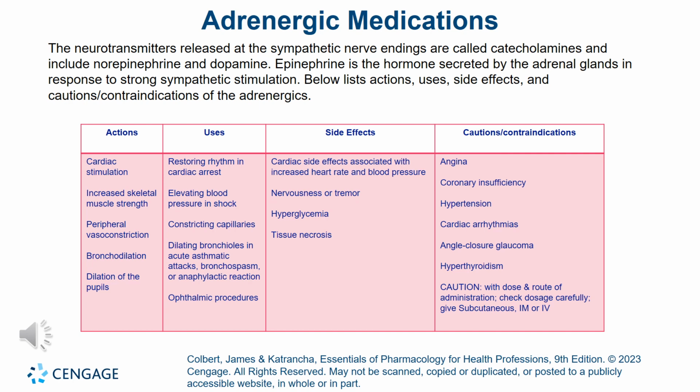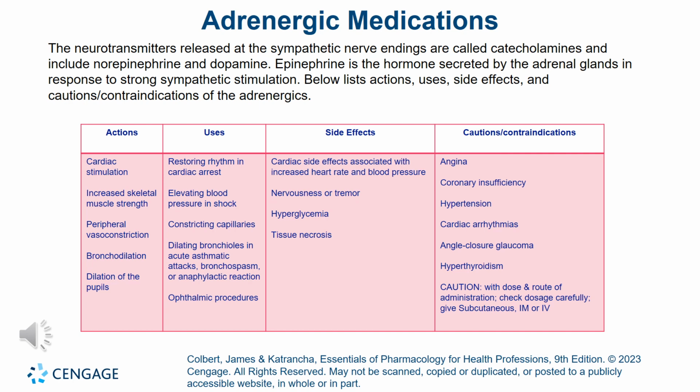Cardiac side effects associated with increased heart rate and blood pressure, nervousness or tremor, hyperglycemia, tissue necrosis. There are some cautions and contraindications: angina or chest pain, coronary insufficiency, hypertension, cardiac arrhythmias, angle closure glaucoma, hyperthyroidism.